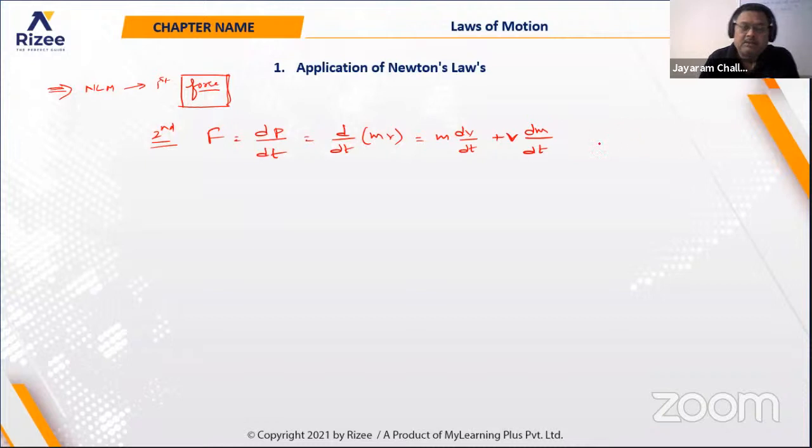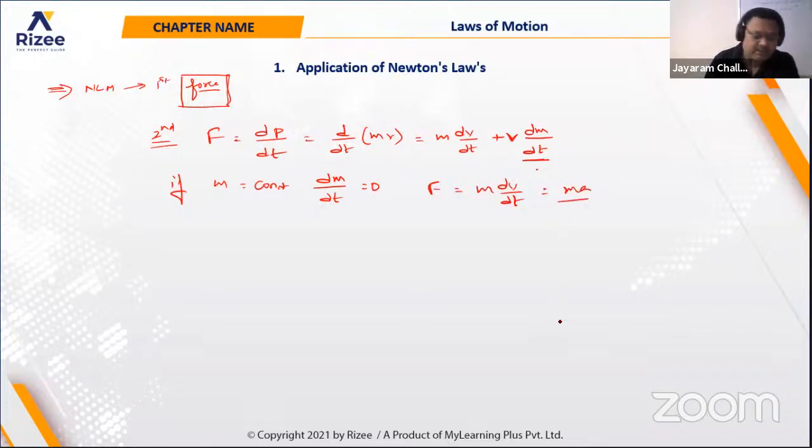So now, in the case of variable mass conditions, where a conveyor belt might be there and other cases. For example, if the mass m is constant, then the rate of change of mass will be equal to zero. On that condition, F is equal to m into the rate of change of velocity, which is nothing but an acceleration.